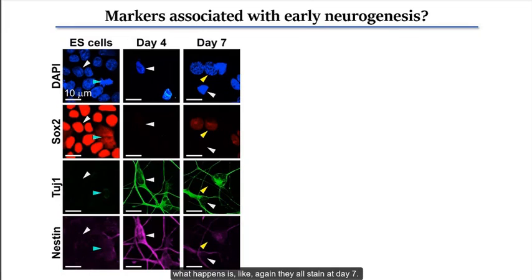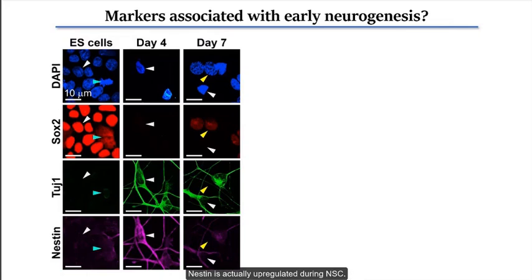At day 7, this is the mouse glia, since we are co-culturing with mouse glia. But the human cells, indicated with white arrowheads, are always negative for SOX9 and SOX2.